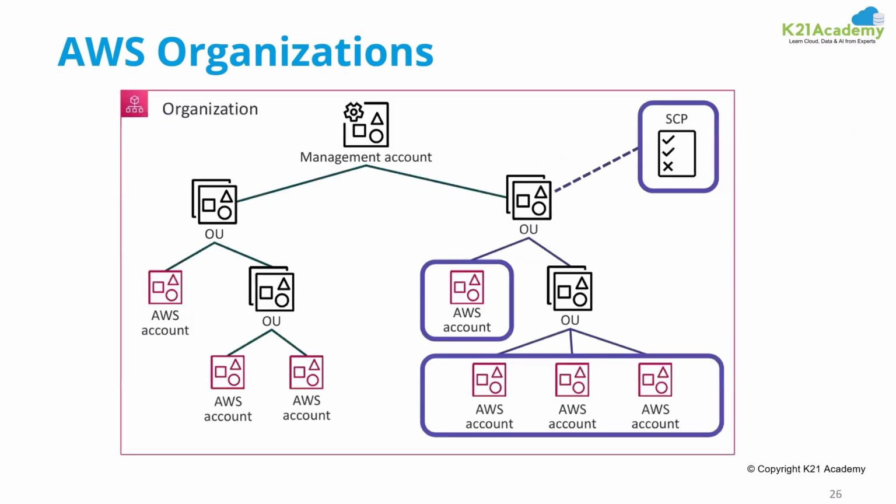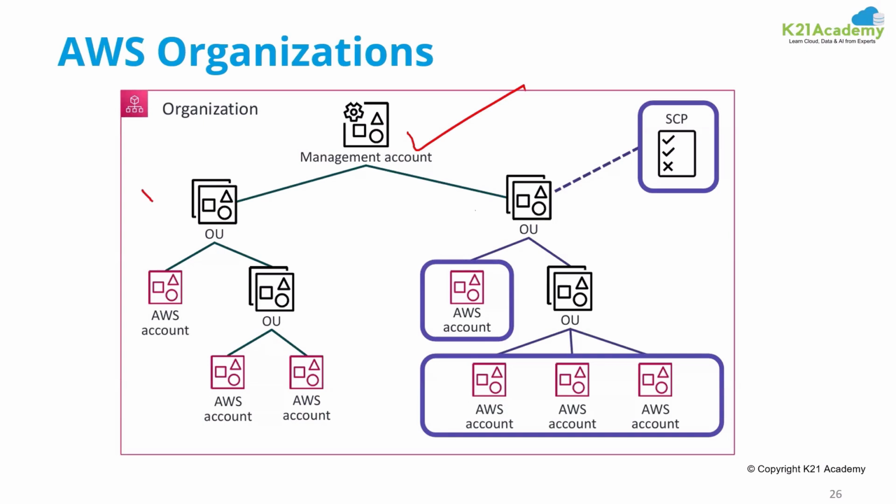Now, this is the structure we have when you are managing your accounts using Organizations. You have the organization service at the top center, the main account that creates and controls the entire organization, and manages the billing, security policy, and access.